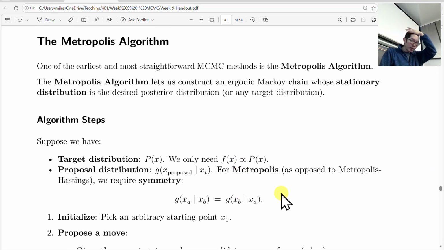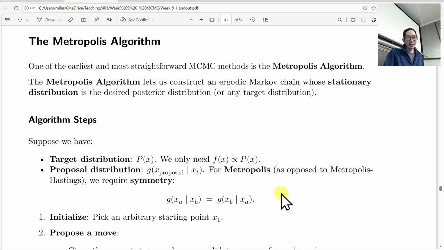Okay, so when we do Markov chain Monte Carlo, the goal is to design a Markov chain so that the stationary distribution of the Markov chain is the desired distribution that we want to generate samples from.